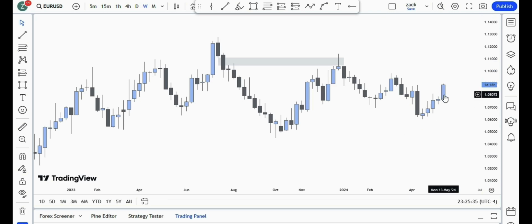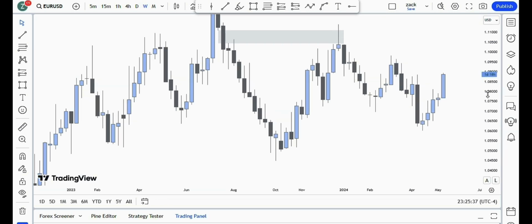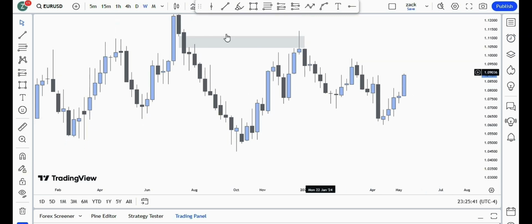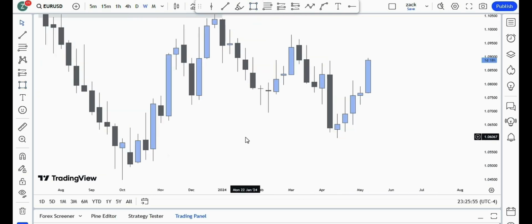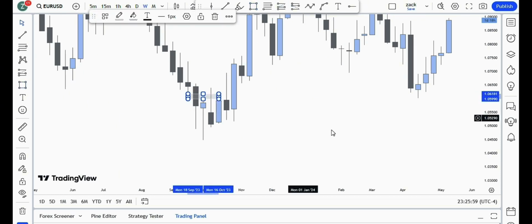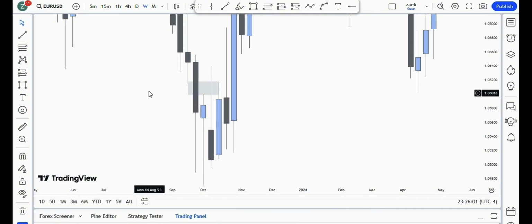The fact that I knew where this EUR/USD was going to go, why? What did I see in this chart? Pause the video. What can you see that made this go higher? Sensei, we can't see anything. Oh, fine. This inverse, let me zoom in. This inverse fair value gap over here was what gave me the idea.